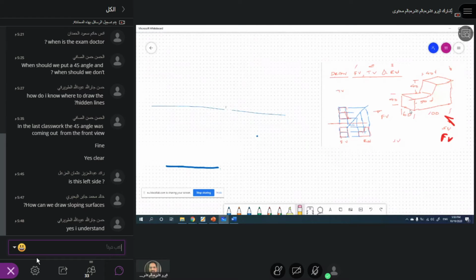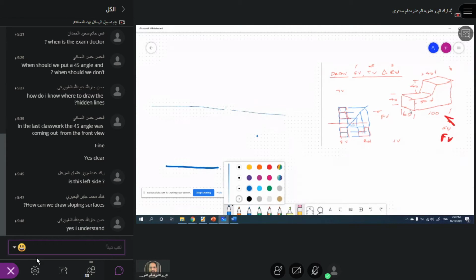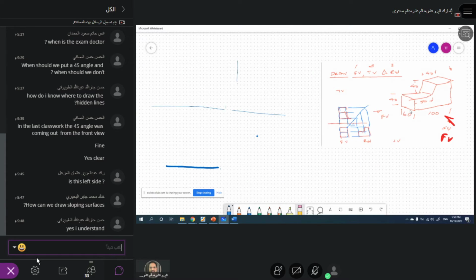So you know this, right? Here I'm drawing this convention line, and then I draw the front view. First I draw the bottom line.